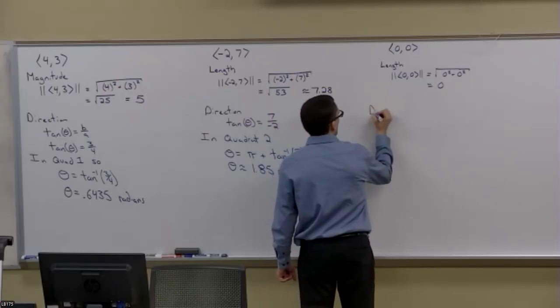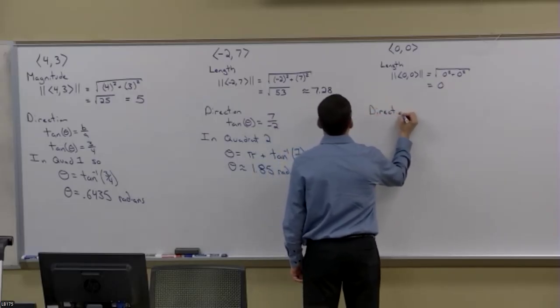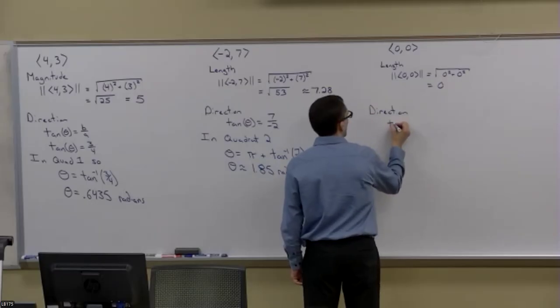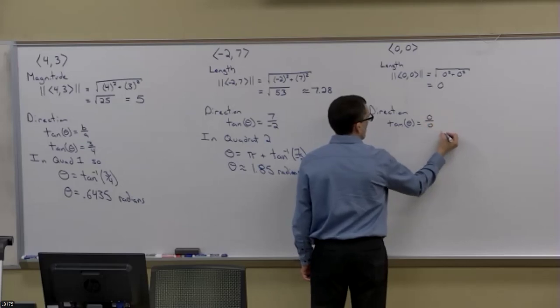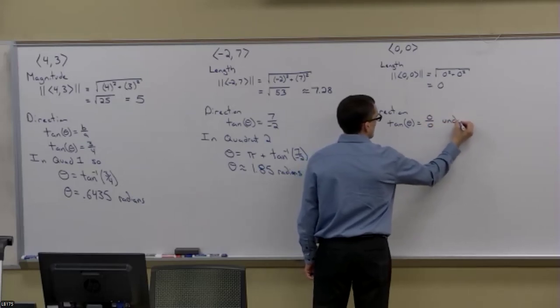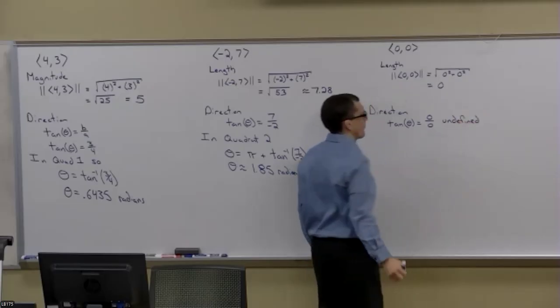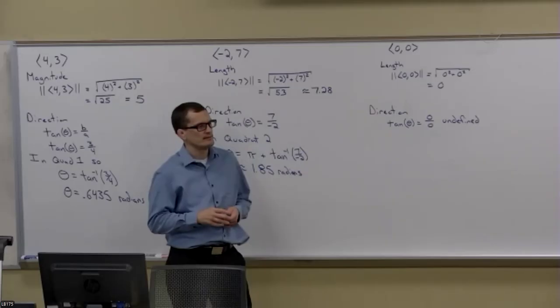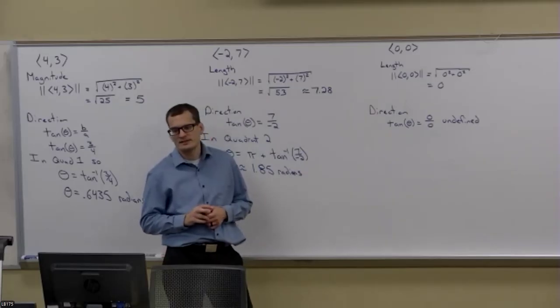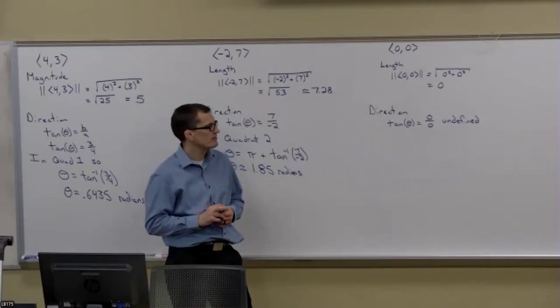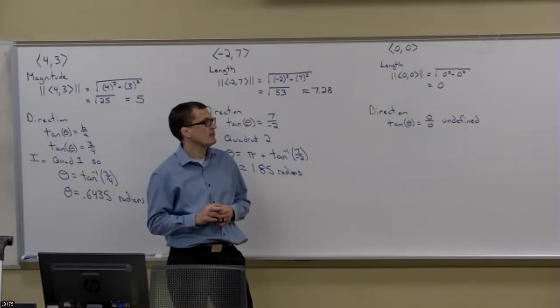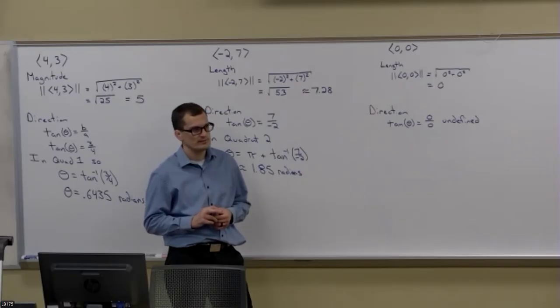And if you think about direction, well, what would we do? We'd start out with tangent of theta is equal to 0 over 0, but 0 over 0 is undefined. So there's no theta I can plug in to get 0 over 0, because that's an undefined scenario. So we say that the zero vector has no direction. That makes sense.